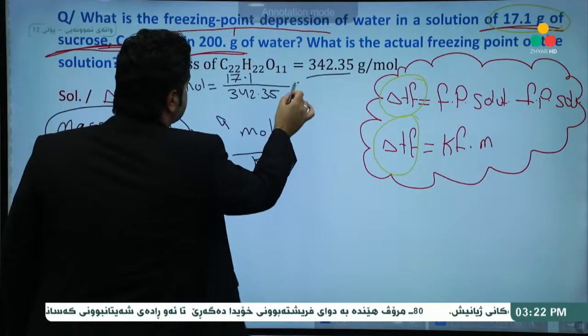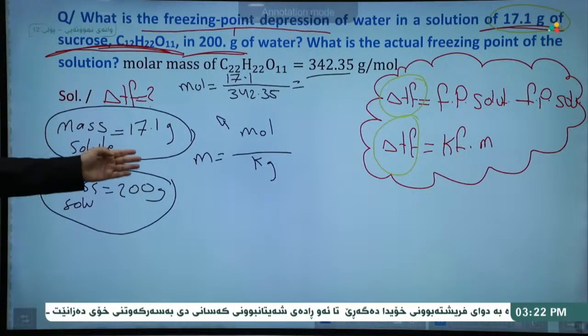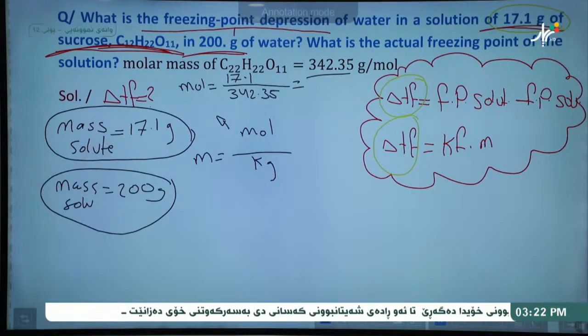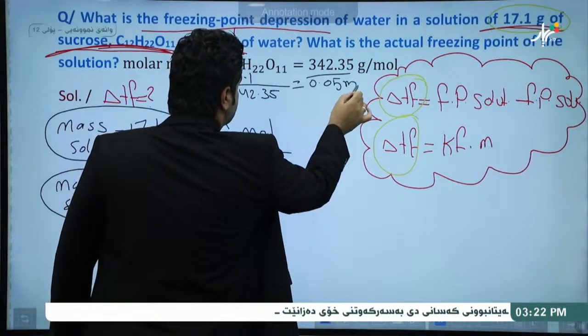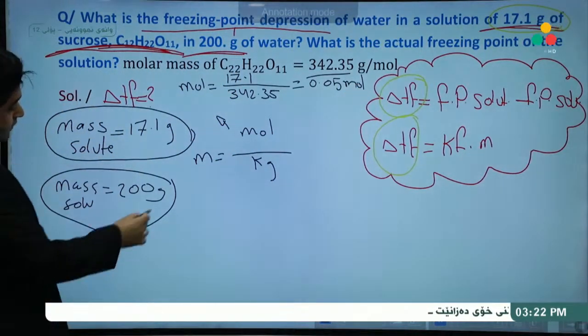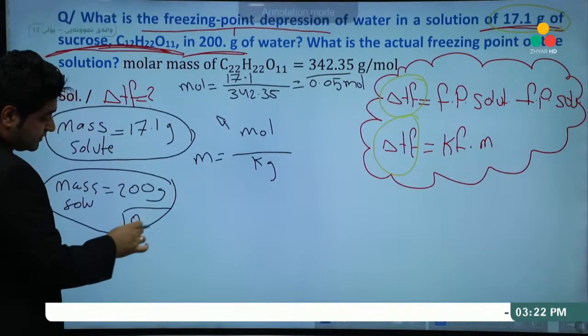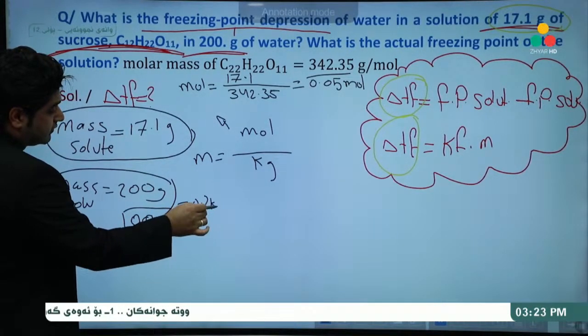So the number of moles is equal to 0.2 mole. We have the number of moles. What about kilograms? We have grams, so we divide by 1,000 to get 0.2 kilogram.